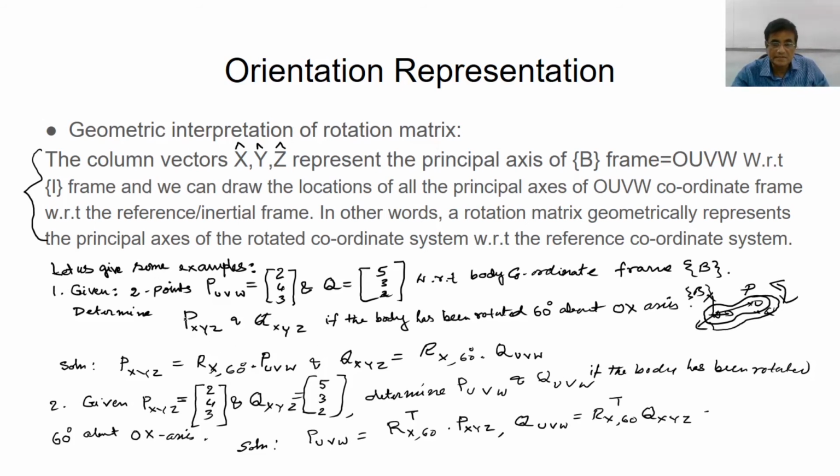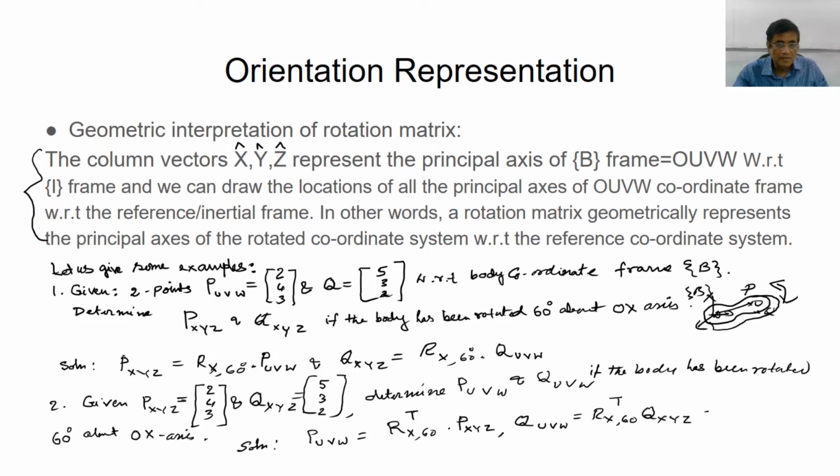What is the changed description of the point P with respect to xyz, or of the point Q after rotation, if the body has rotated 60 degrees about the x axis? It could be anything, 60 degrees about the y axis or z axis, like that.